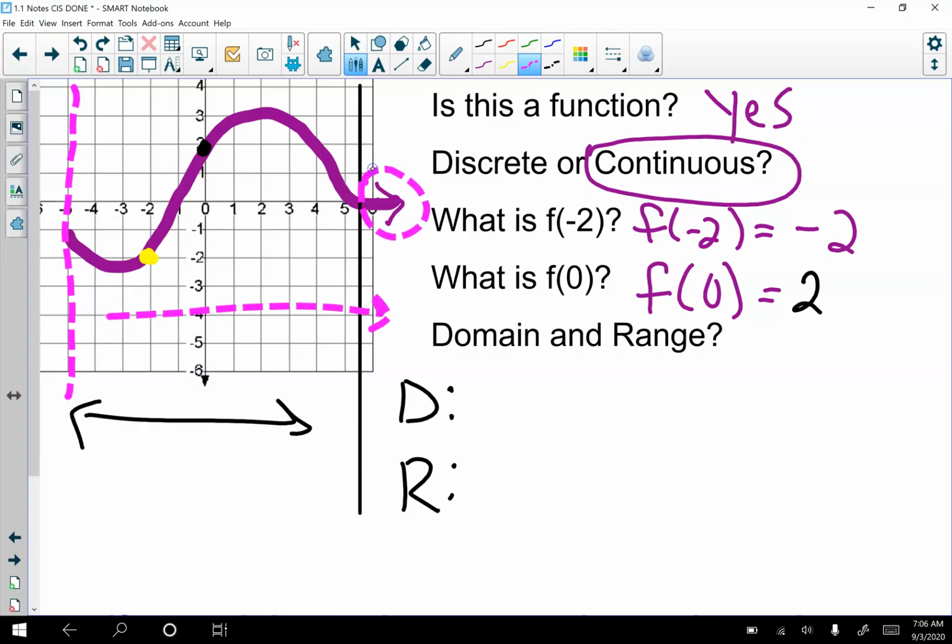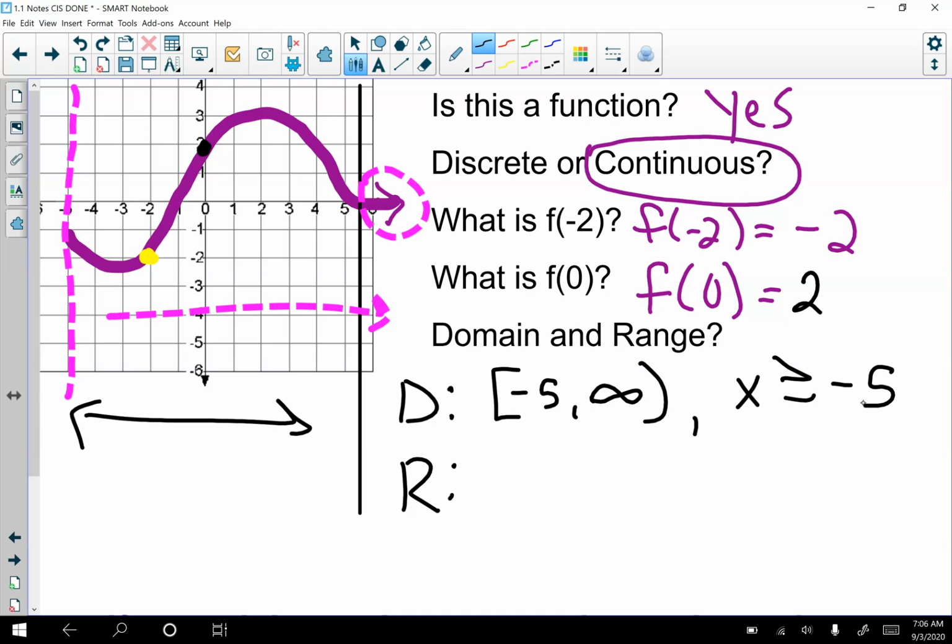Notice the arrow here. So I would say the domain starts at -5 and includes it, and it goes to infinity. And infinities or negative infinities always have the parentheses on them. So another way I could write this is x is greater than or equal to -5.